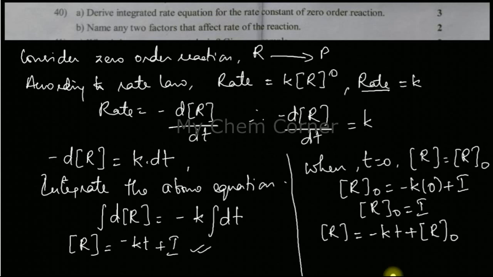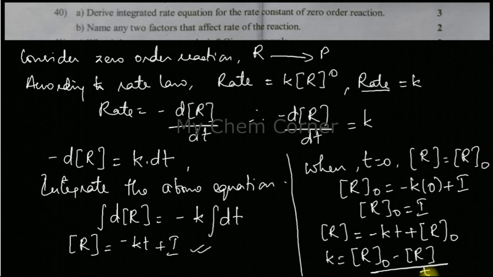Now take out the K value and you will get K is equal to R0 minus R divided by T. That is going to be the final equation for your derivation. So that is the 3-mark derivation.